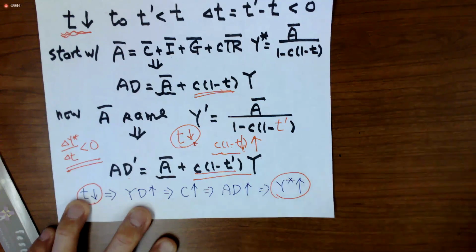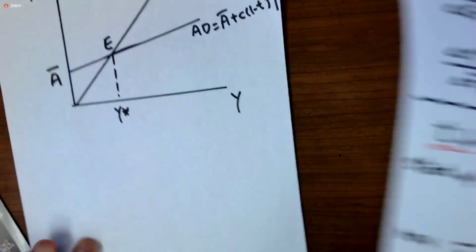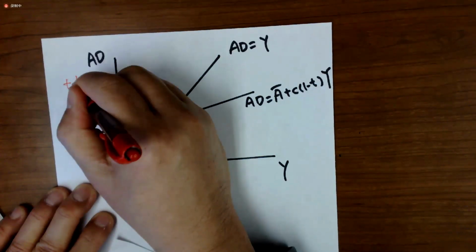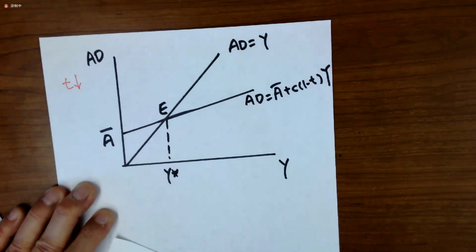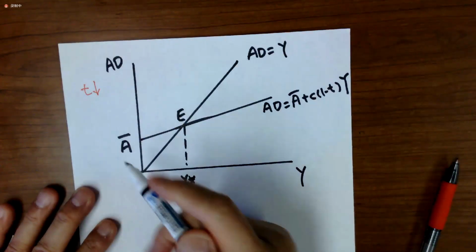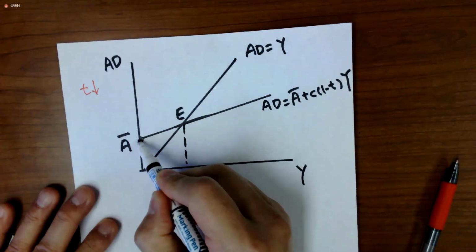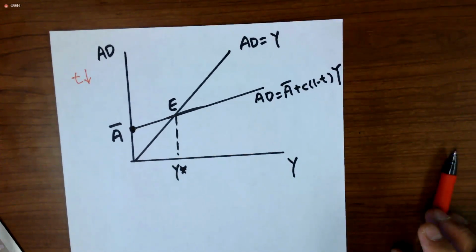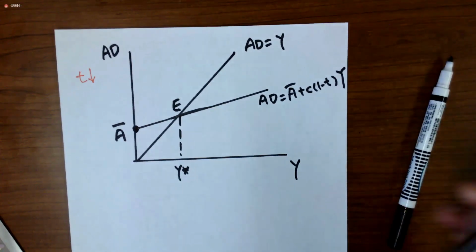Yes. Good. So now you say, oh, therefore, in this diagram, when there's a lower tax rate, the intercept of my aggregate demand equation doesn't change, correct? No, it doesn't. The slope becomes higher, correct?